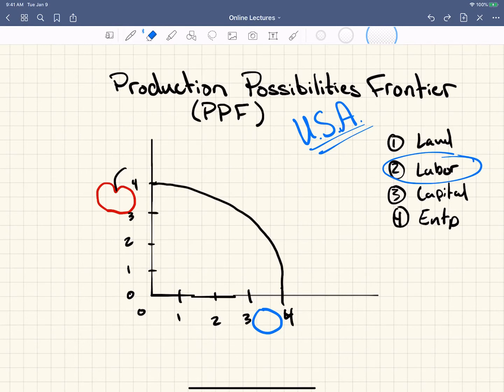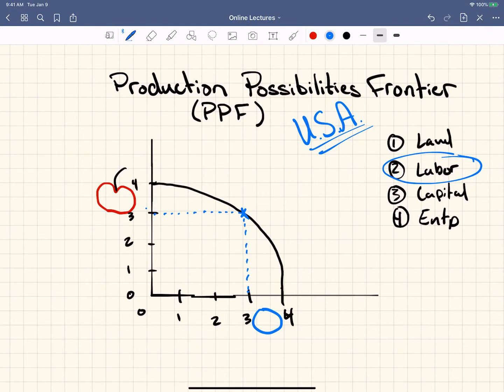So let's look at one point, say right here. At this point on the production possibilities frontier, we can produce 3 cherries and we can also produce 3 blueberries. Now, what's the opportunity cost of producing 1 more cherry?